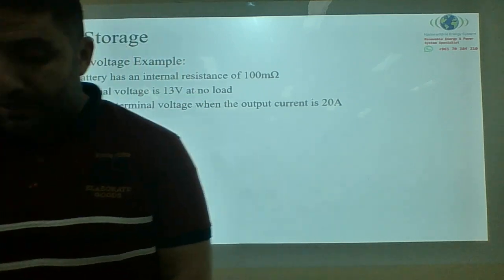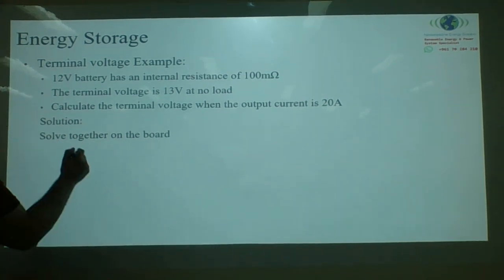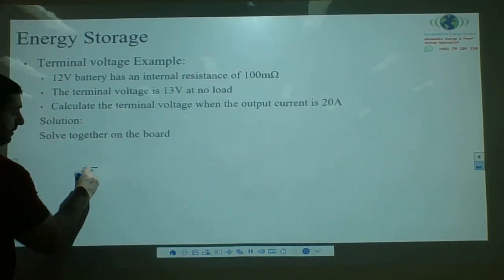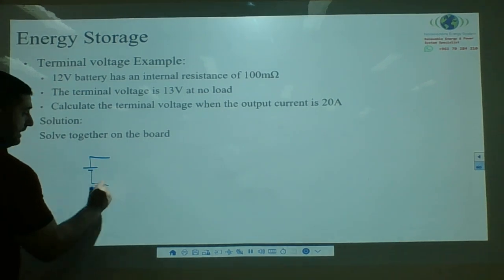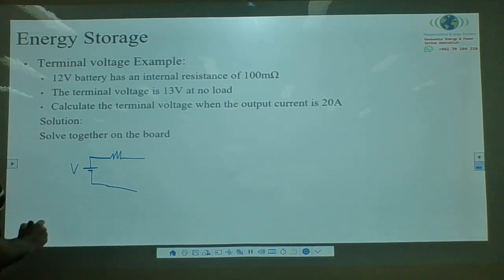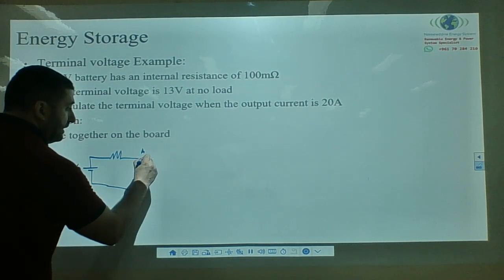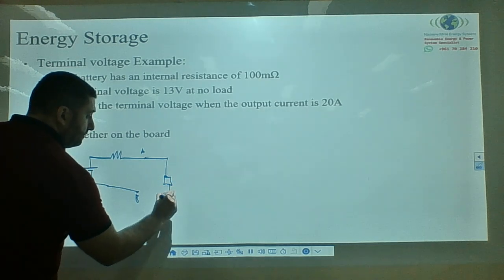Okay, guys, let's see now. What I have is a battery, that's a voltage. I have an internal resistance. Then this is my terminal A and B. Then I connected a load.